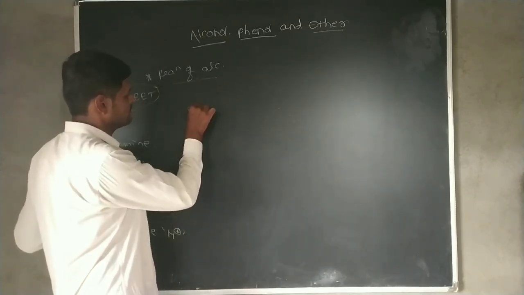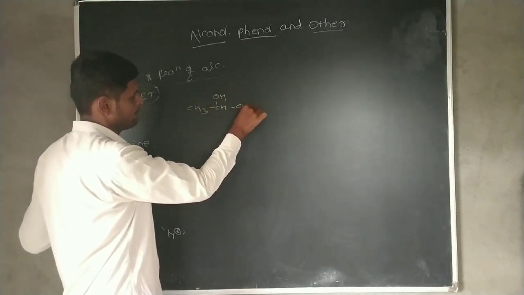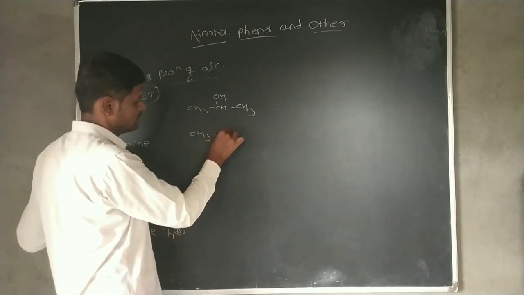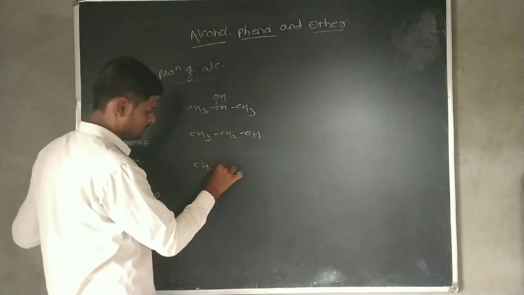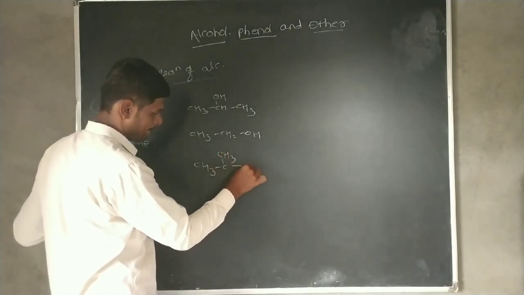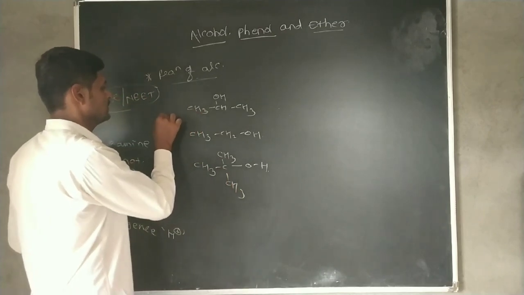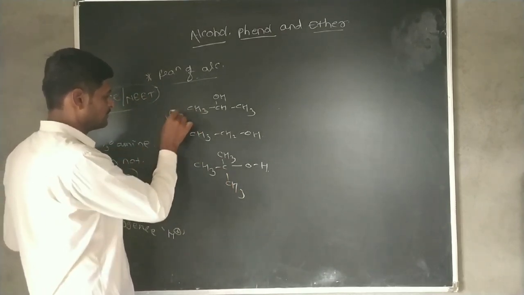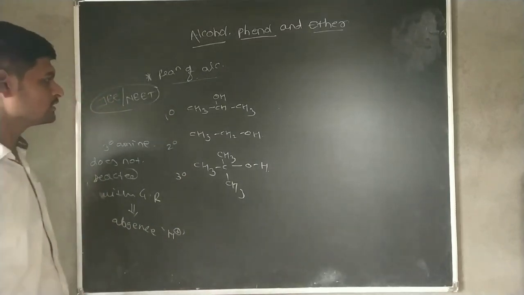By taking some examples, this is CH3CH2OH, this one is CH3CHOHCH3, and this one is (CH3)3COH. This is a primary alcohol, this one is a secondary alcohol, and this one is a tertiary alcohol.